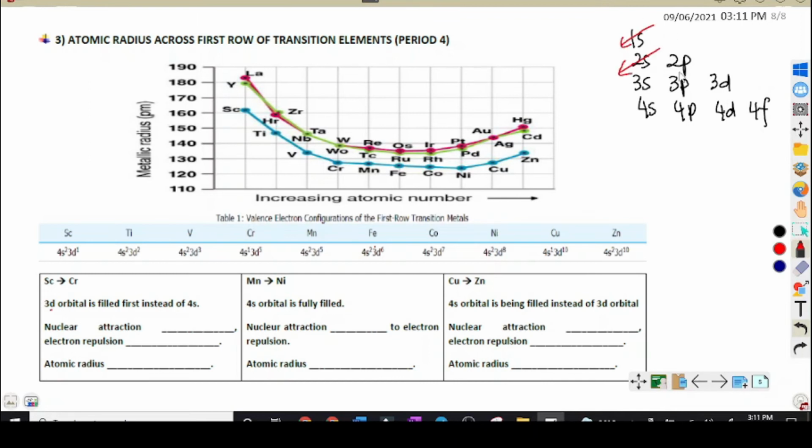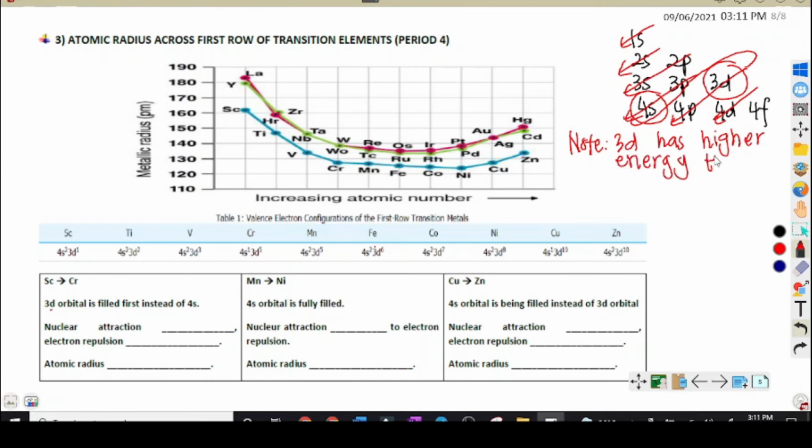Okay, so remember your Aufbau. 4s has lower energy than 3d, so make a short note, or we can say that 3d orbital has higher energy than 4s. So we'll just be discussing the transition elements in period 4 specifically for chapter 3, which is going from scandium to zinc.